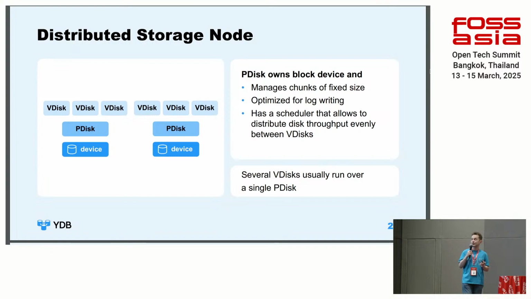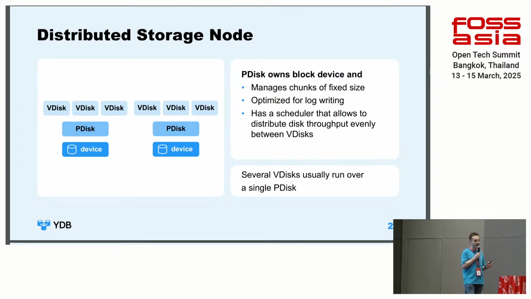And each distributed node looks like this one. There are devices, and each device is controlled by a single entity called pdisk. We don't have a file system between YDB and disks. We control disks on our own because we would like to implement special optimizations. And also we have a fair scheduler because above pdisk you have multiple virtual disks, and we would like to control bandwidth allocated to each disk.